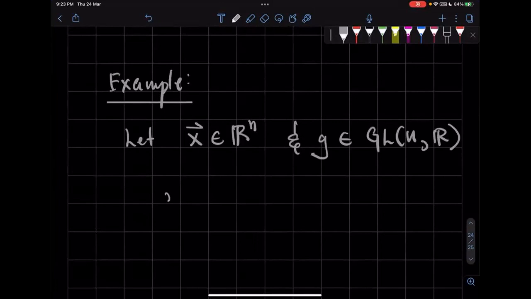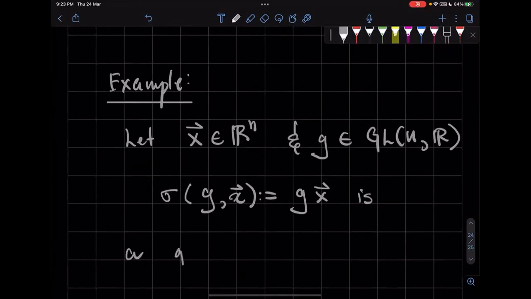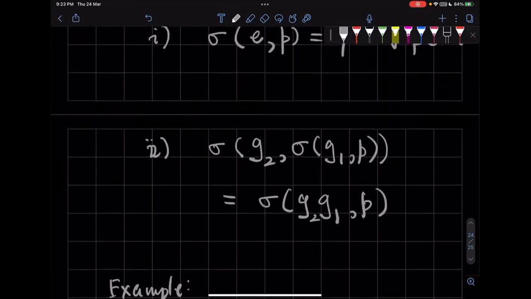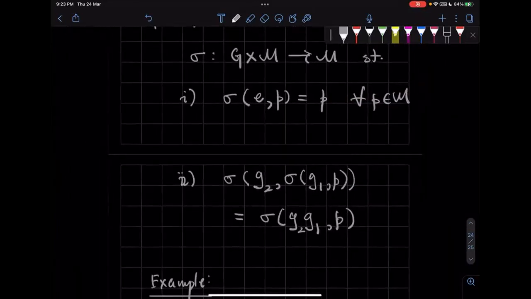Okay. Then the group action defined by G acting by matrix multiplication on X is a group action. And you can verify that it satisfies these two properties, okay?